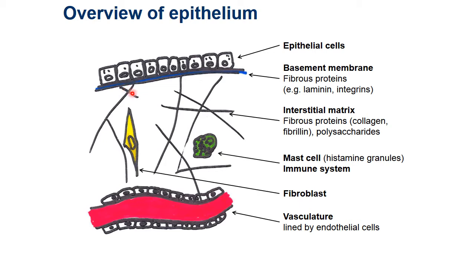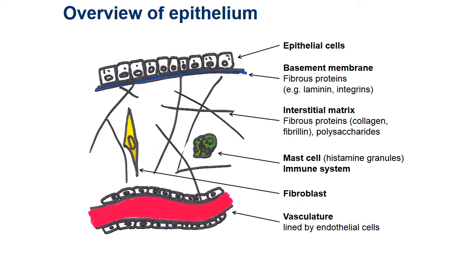Underneath the basement membrane are these long fibers made of, again, fibrous proteins such as collagen, which are provided by the fibroblasts here in yellow, which are the main cell type that you find in connective tissue. Unlike epithelial cells, which are really closely packed, fibroblasts are usually well spaced away from each other.